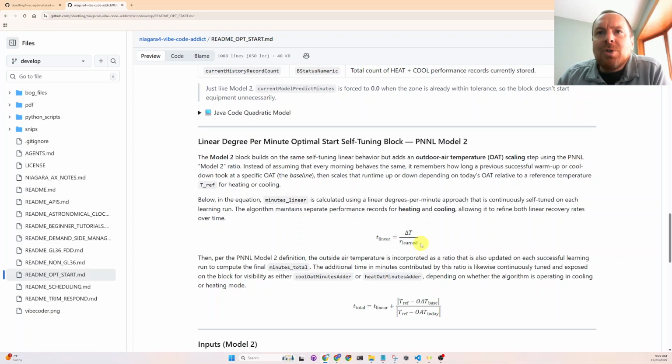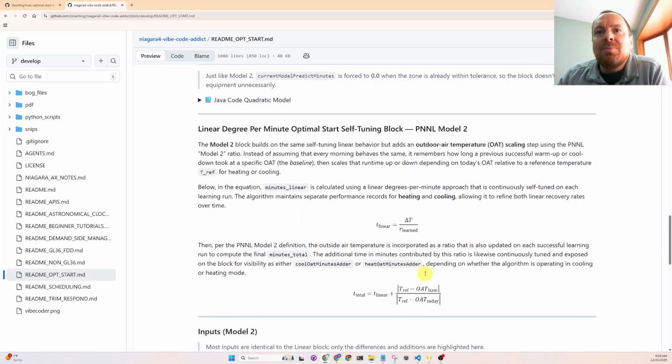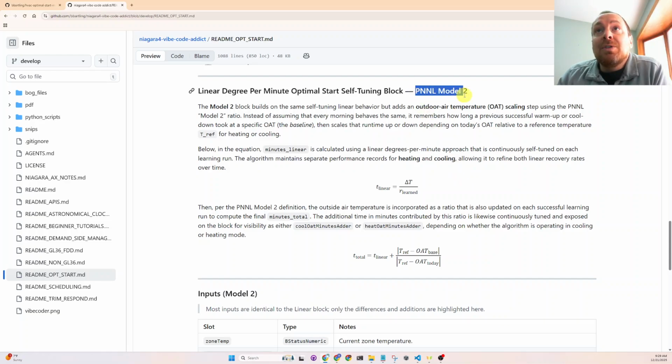We've been talking about how Model 2 takes in this ratio of the temperature reference, and also what the outside air temperature was yesterday, comparing it to today, and ultimately this little block computes a minute calculation, total minutes.